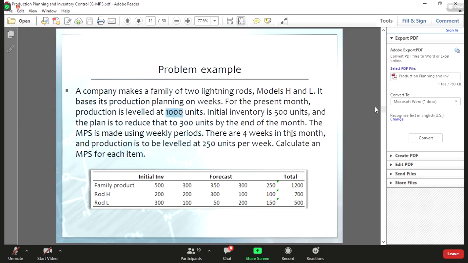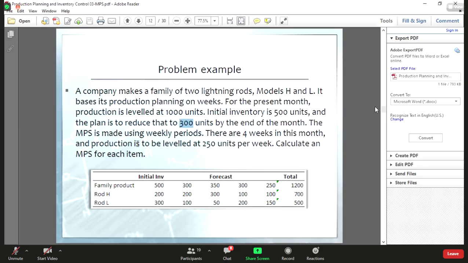We already have a decision about the production plan, which is 1,000 units per month. Initial inventory is 500 units, and the plan is to reduce that to 300 units by the end of the month. So initially we have 500 for model H plus model L, but at the end of the production planning, the company expects to have only 300 units.